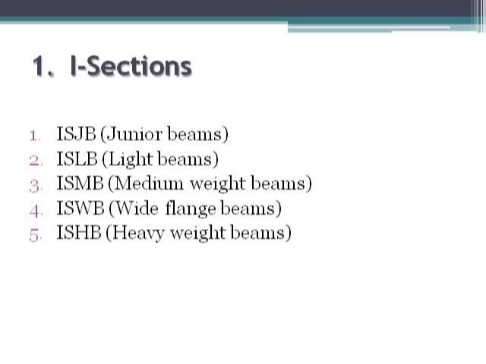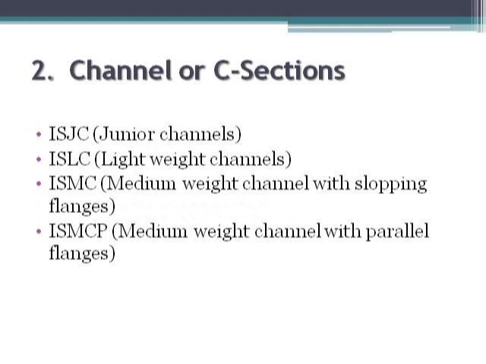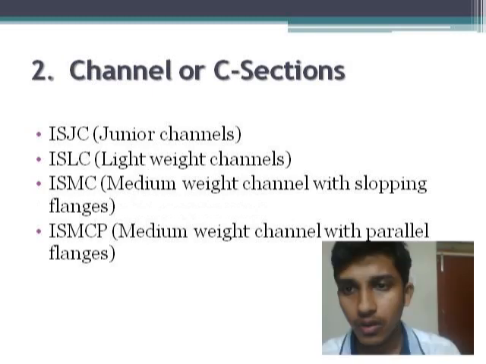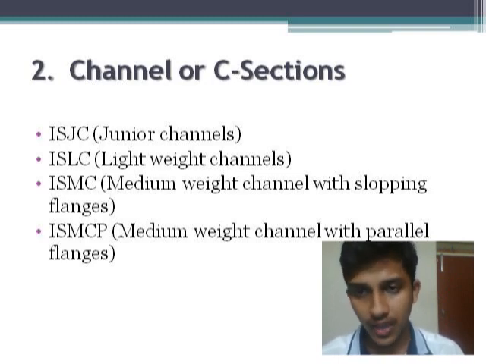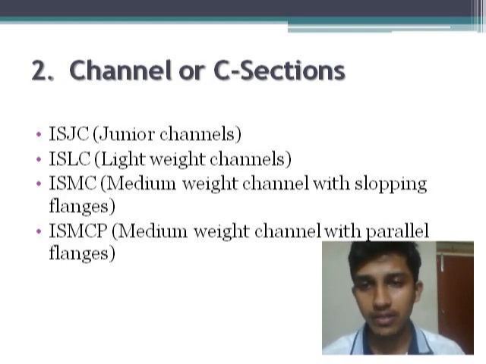Then coming to channel sections, next we have channel sections. In channel sections we have ISJC, that is junior channels, then ISLC, that is Indian Standard Lightweight channels, ISMC, that is medium weight channel with sloping flanges, and next one is ISMPC, that is medium weight channel with parallel flanges.